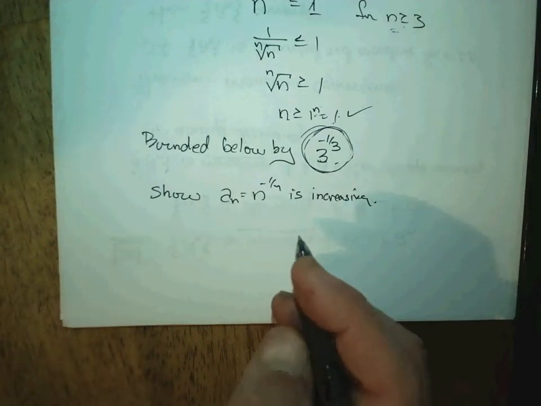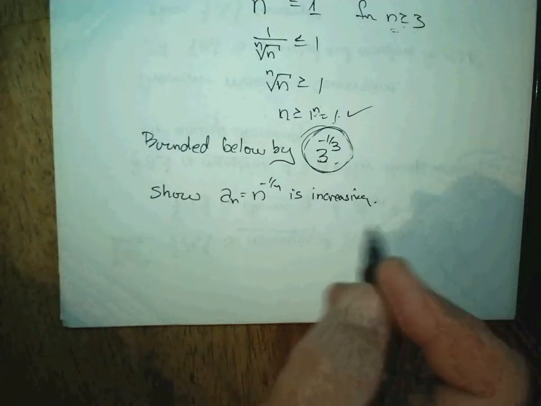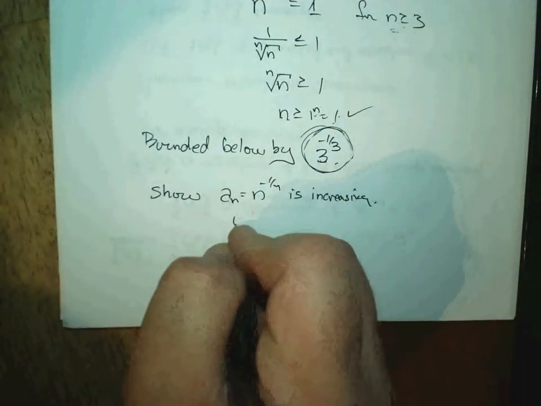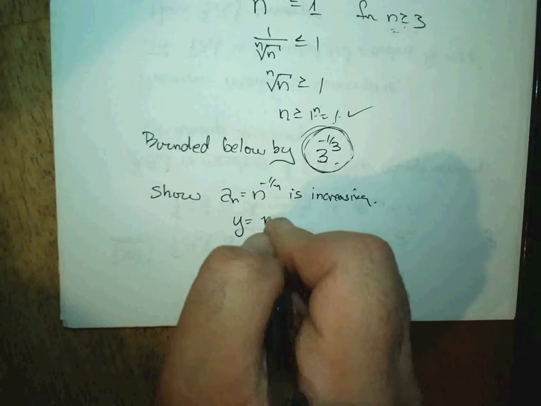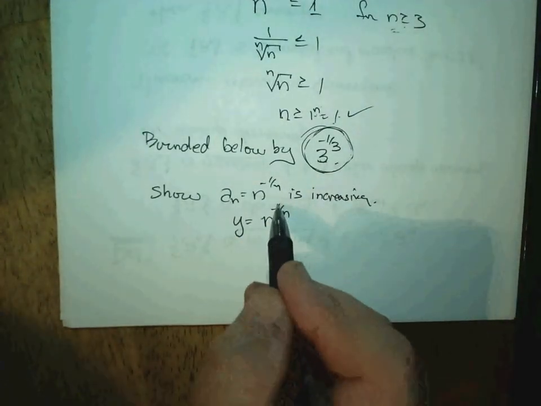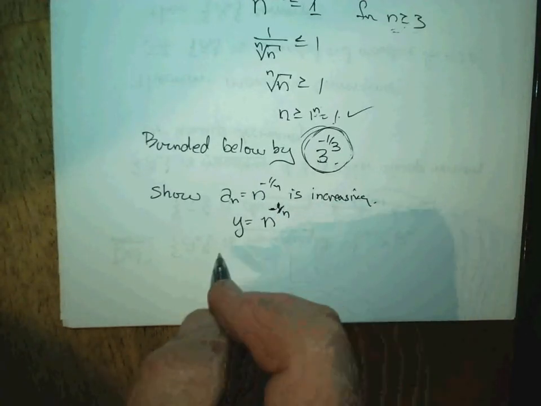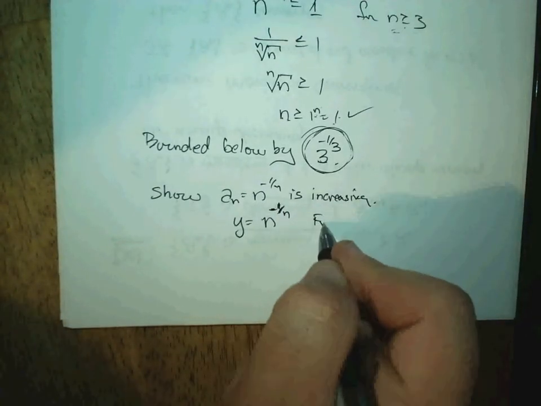Well, a good tool to determine if a function is increasing or decreasing, since this is calculus class, is the derivative, right? So I'd like to take the derivative of n to the negative 1 over n.